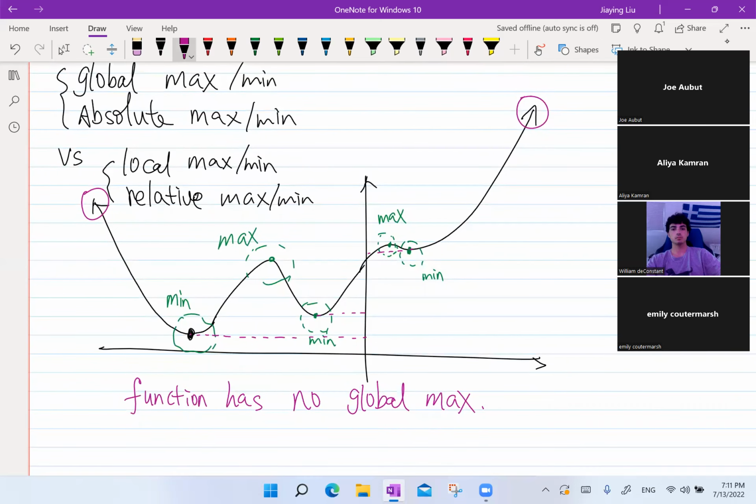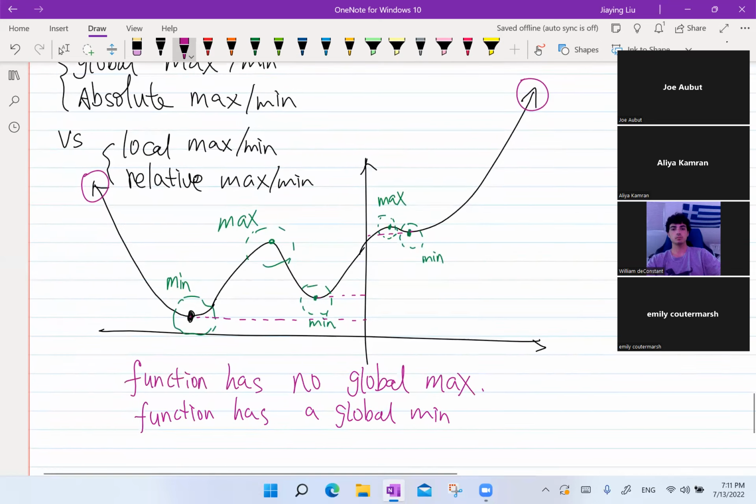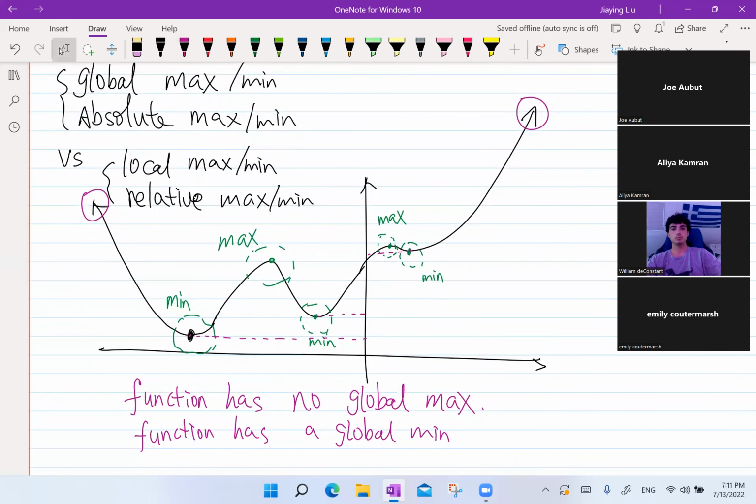So the function has a global minimum. And obviously it has 3 local minimums and 2 local maximums as well. Okay, so that's how we identify the global min and max, and also the local min and max.